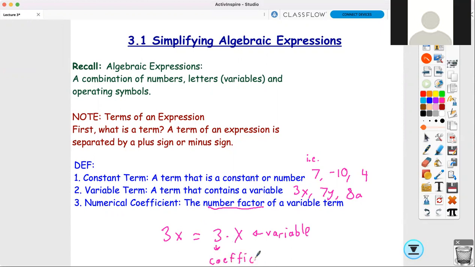It's a numerical one because it's a number value. All of this together is a variable term. So 3 is a coefficient where x is the variable. And remember, when we have a number next to a letter, they're being multiplied. That's why it says the number factor for the coefficient definition.